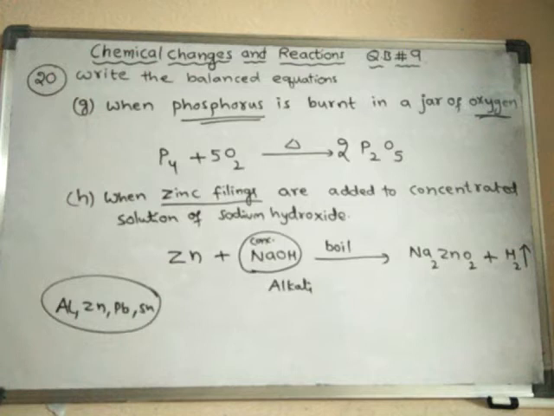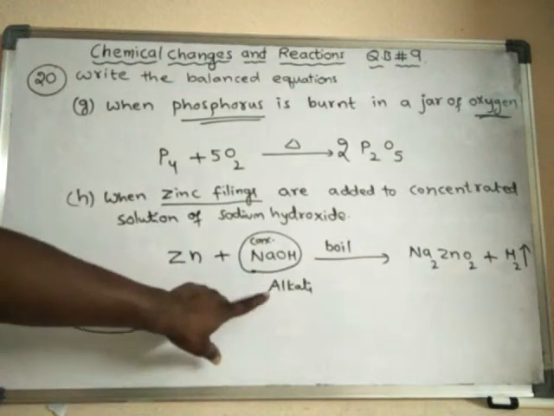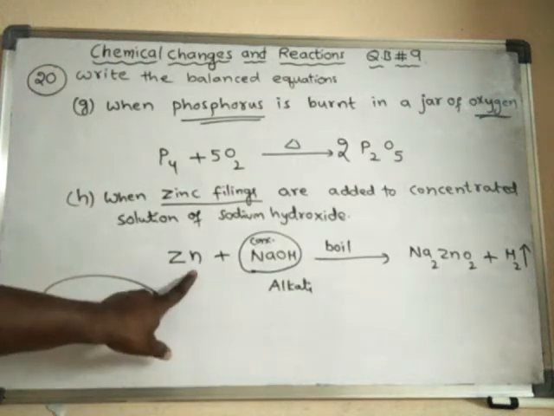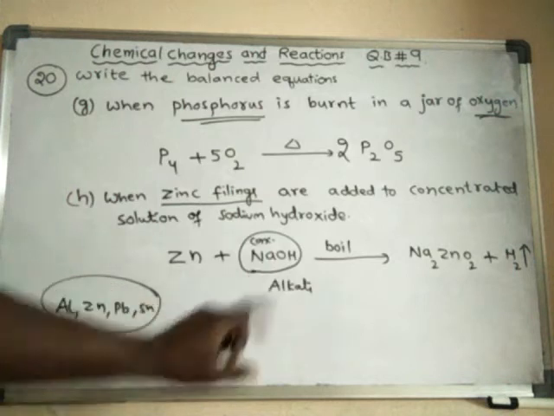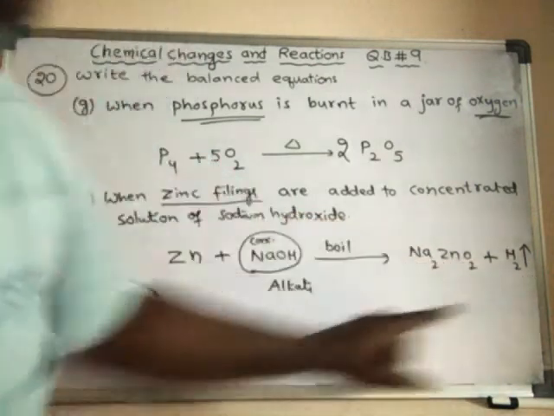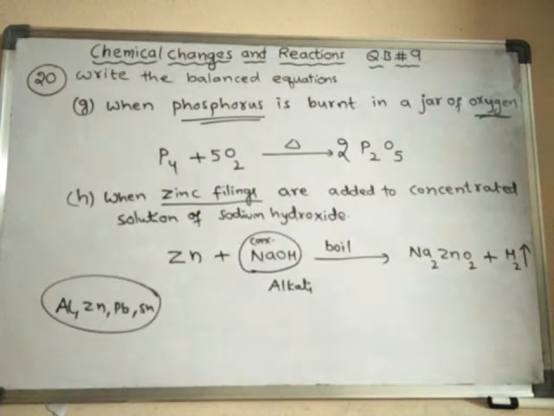What happens generally? Alkali means bases. Generally, metals won't react with bases, but there are some metals which can react with bases also. Generally, metals react with acids and liberate hydrogen gas, but certain metals like aluminum, zinc, lead, and tin can react with bases also.